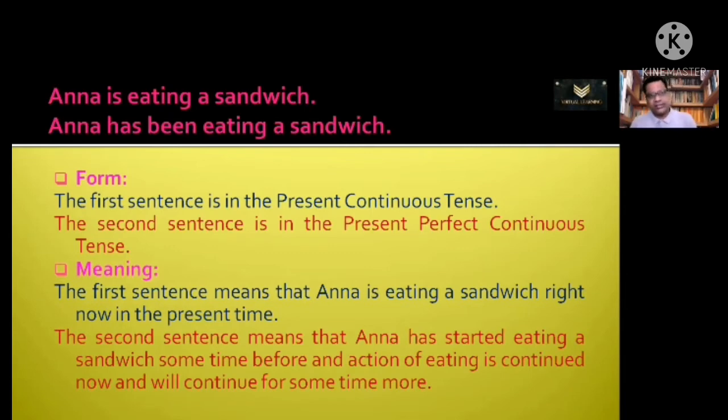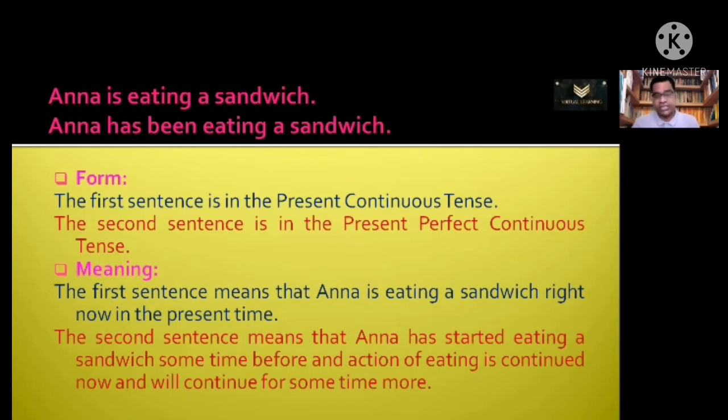Anna is eating a sandwich. Second sentence is Anna has been eating a sandwich. As far as the forms of the sentences are concerned, the first sentence is in the present continuous tense because you have is plus eat plus ing.